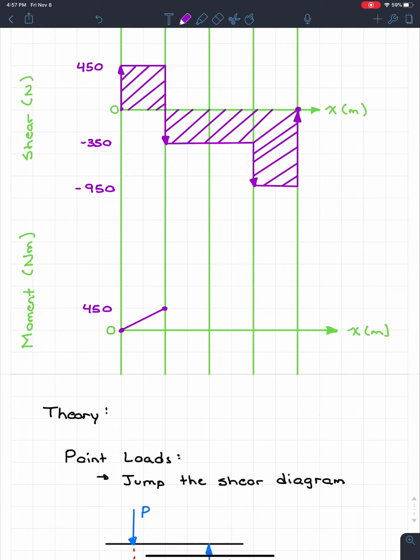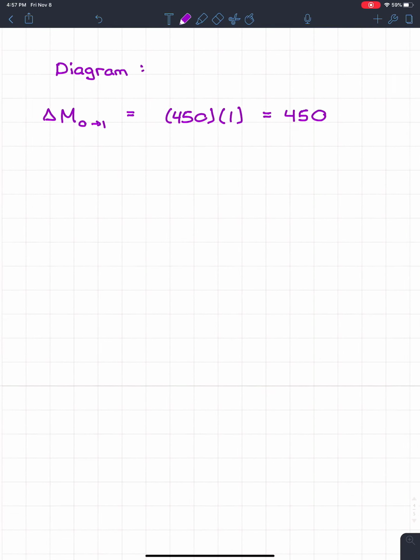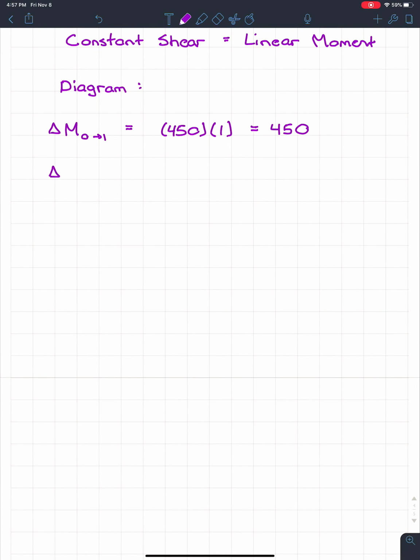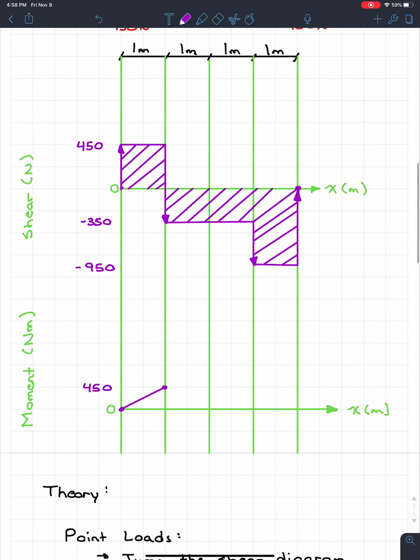So now if I go to the next span, my delta M, oops, I zoomed in too much, sorry. My delta M between x equals 1 and x equals 2 is again going to be the area under that shear diagram. So if I look up, it's going to be this area right here.